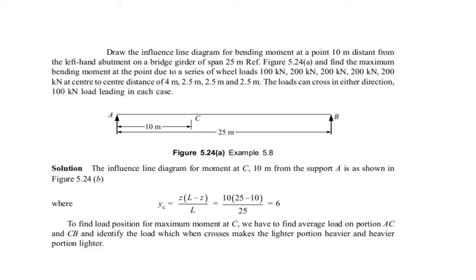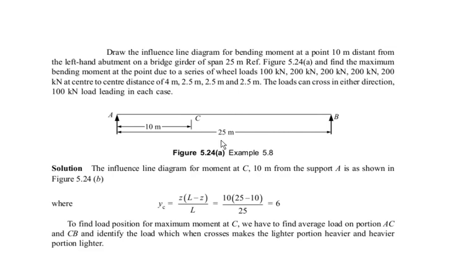Okay, so draw the influence line diagram for bending moment at a point 10-meter distant from the left hand abutment on a bridge girder of span 25 meter. So you know that girder is nothing but beam, and the abutment means the support. So this is the beam.